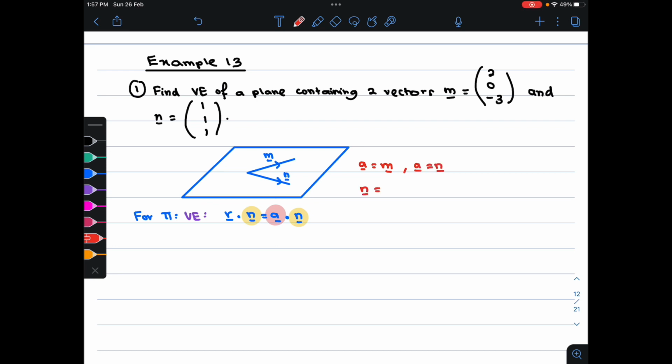We also need to find the normal vector, which is actually the vector product of the two vectors given. Let's say I want to do the normal vector like this, which is the vector n cross with vector m. So let's try to find the normal vector first.